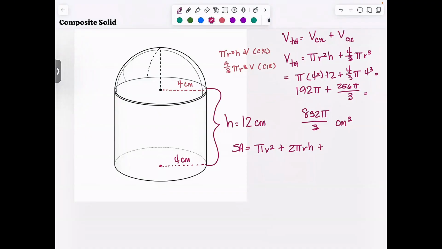So that would be 1/2 of 4 pi r squared. The surface area of a sphere is 4 pi r squared. Once we substitute, and 1/2 times 4 is 2, we have 2 pi 4 squared.